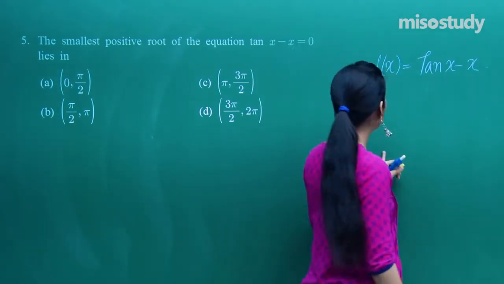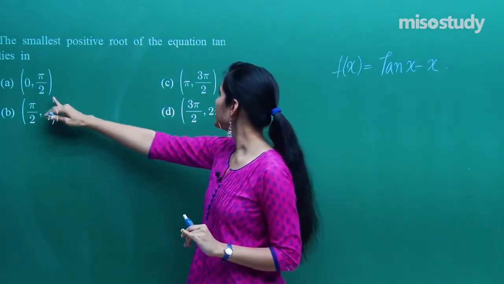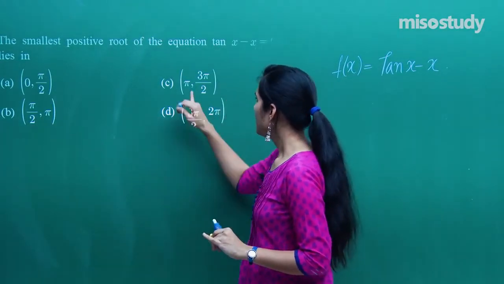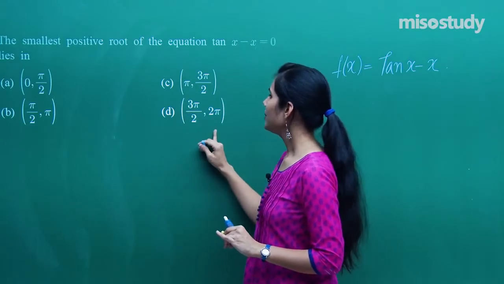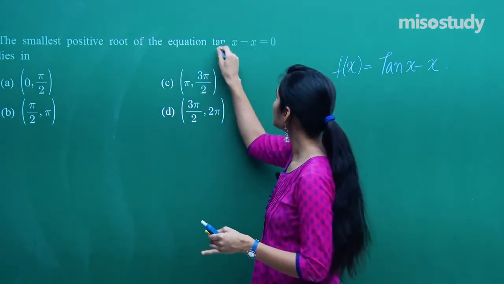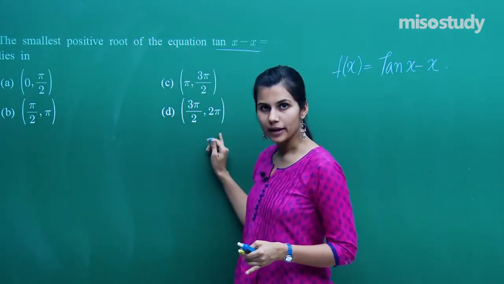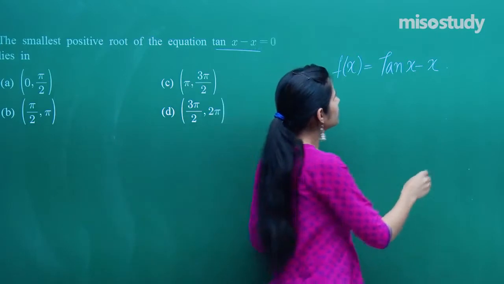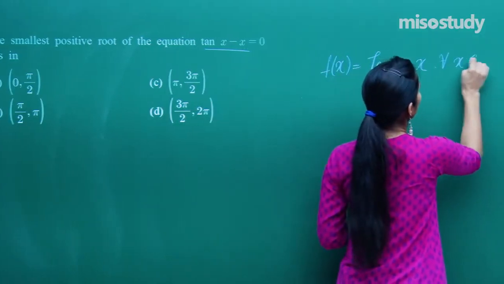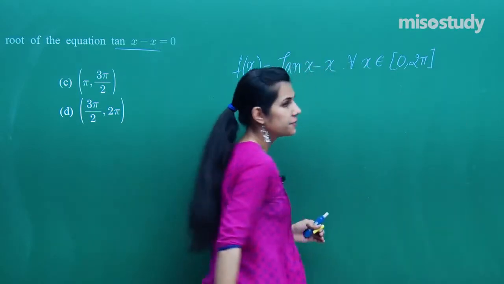Okay, so let's look at the options. You have 0 to pi by 2, pi by 2 to pi, pi to 3 pi by 2, 3 pi by 2 to 2 pi. That means basically you just need to analyze this function's behavior from 0 to 2 pi. So f(x) is equal to this for all x belonging to 0 to 2 pi.